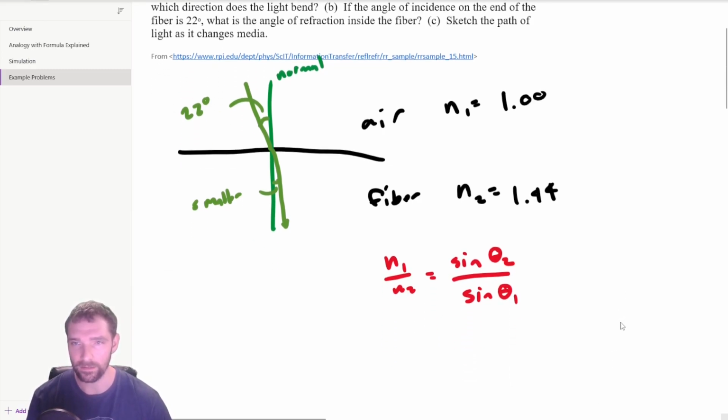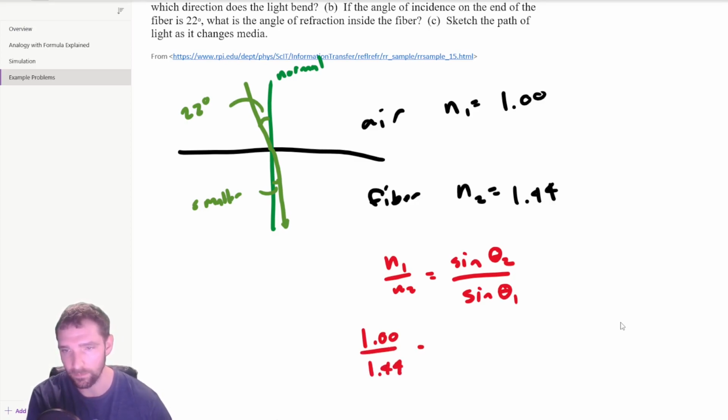We can think of the air being that 1, so we've got the 1.0 on top and the 1.44 on bottom. And then we've got our angle, 22 degrees, that was for 1. So we've got sine of 22 degrees. And then we're also solving for this unknown angle right here, so this is that sine theta 2.